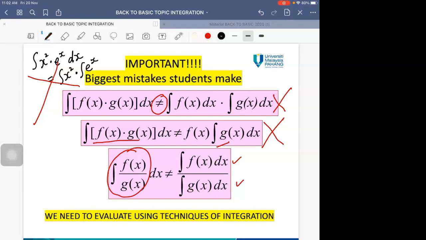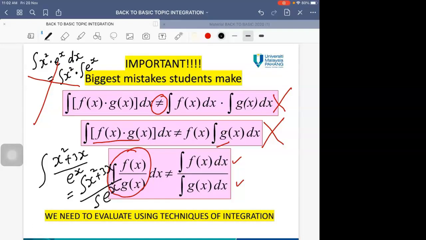For example, integrate x squared plus 3x over exponent x, then letting it become integrate x squared plus 3x over integrate exponent x. This is also a serious mistake. We don't have this rule in integration.